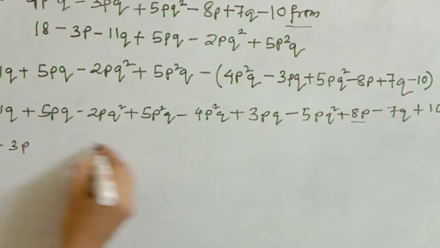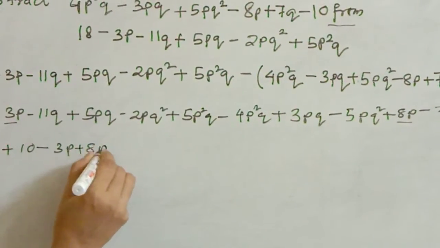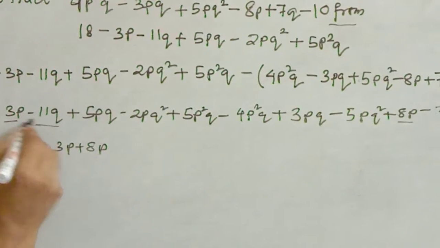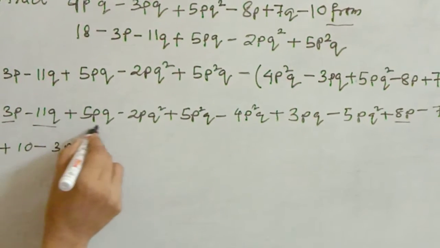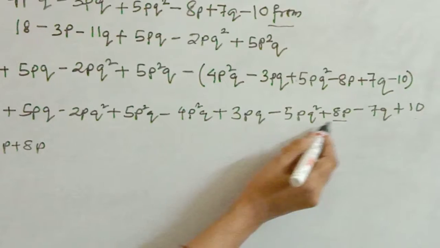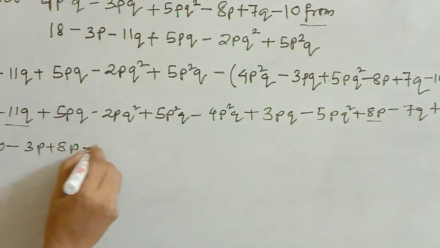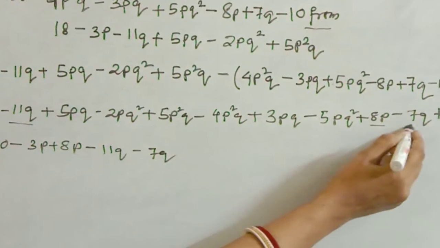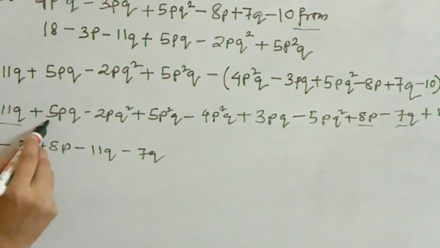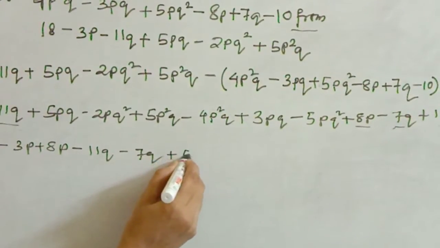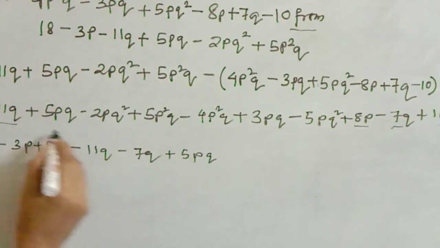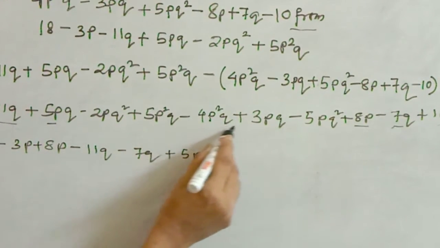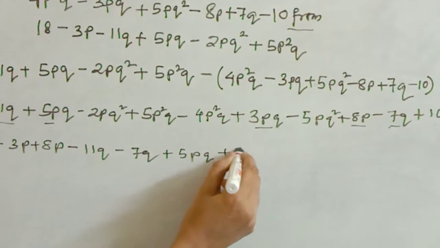Then minus 11q and minus 7q. Then plus 5pq and plus 3pq, only pq.